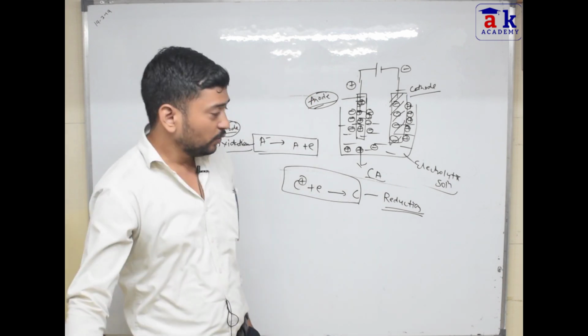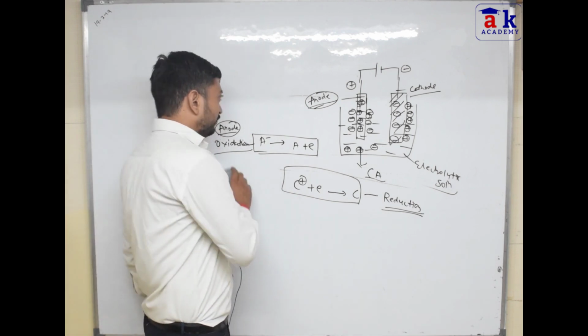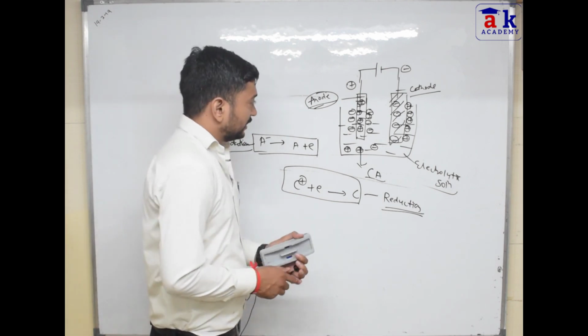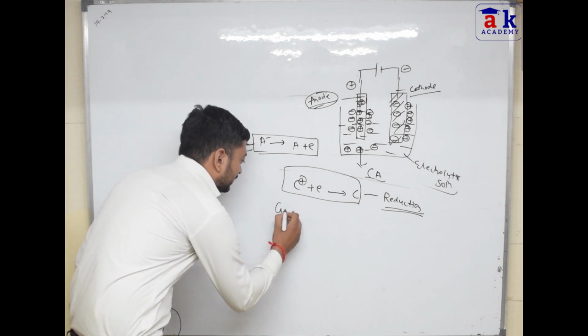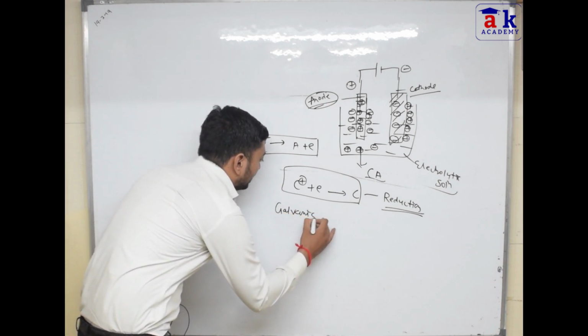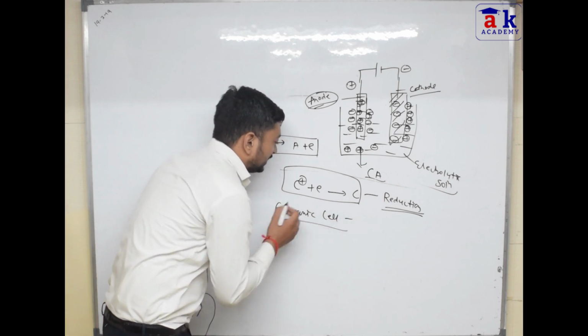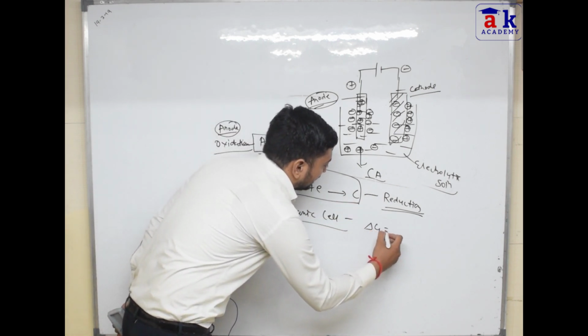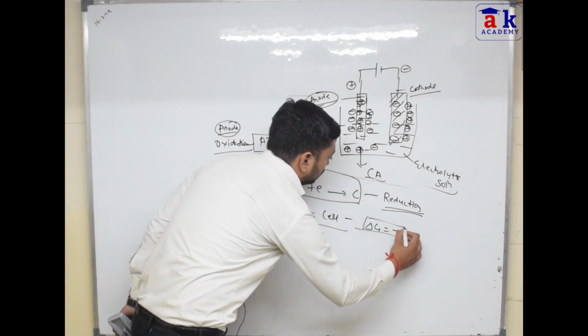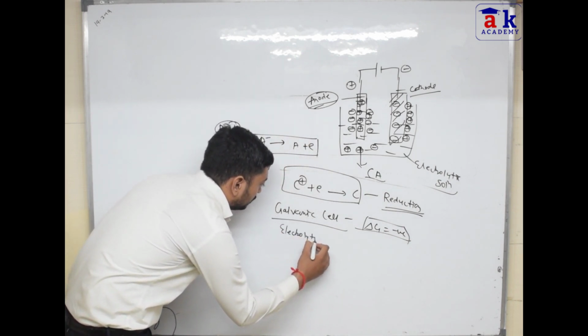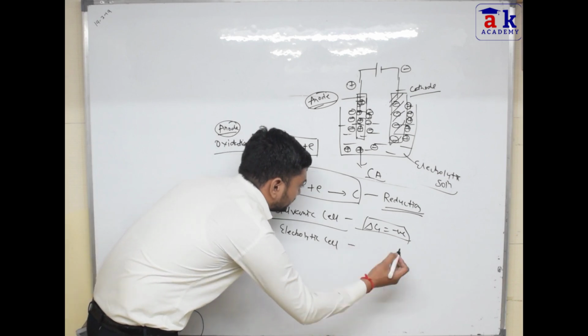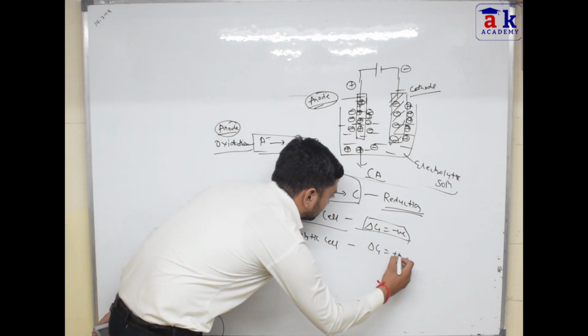What is a spontaneous reaction? Now let's see what happens. If we have a galvanic cell, in the case of galvanic cells we say that delta G is negative, and in the case of an electrolytic cell, delta G is positive.